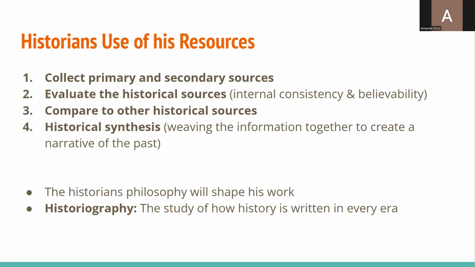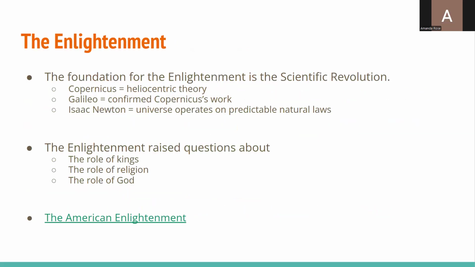So, for instance, if you look at the Revolutionary War, historians have a philosophy and a lens that is different in the industrial era versus our current era about the Revolutionary War. So there's also the study of how historians write history, and that is called historiography.